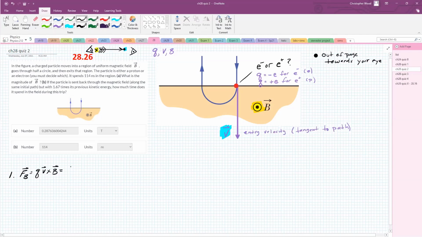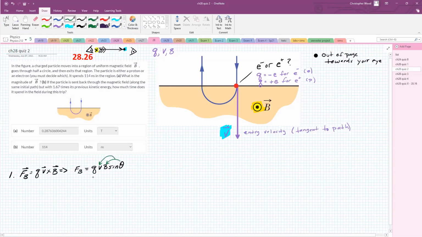Or if I wanted to do magnitude and angle, as far as magnitudes are concerned, the magnitude of that magnetic force is equal to QVB sine theta, where theta is, as we've seen before, the angle between these two vectors.